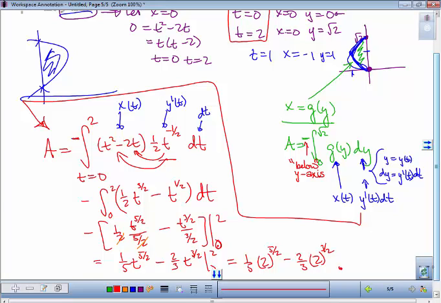All right. The last type of calculus that we're going to do looks like it's going to be, what's that called? Arc length. Oh, dang.